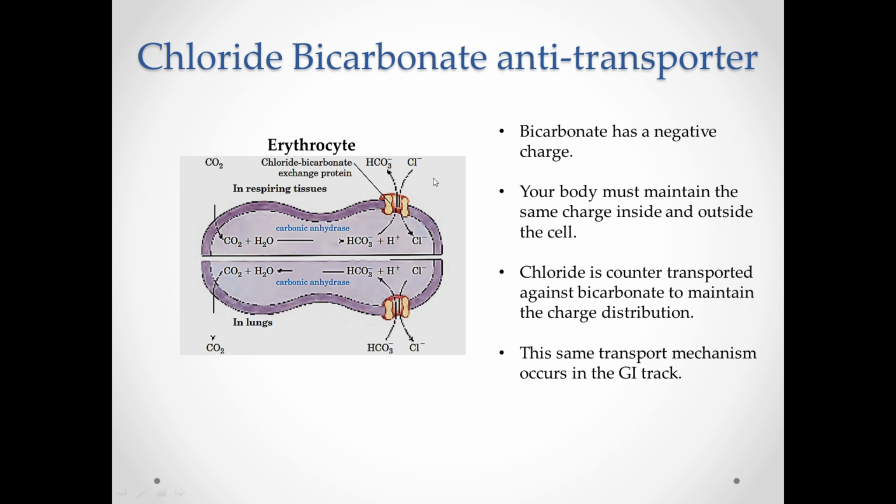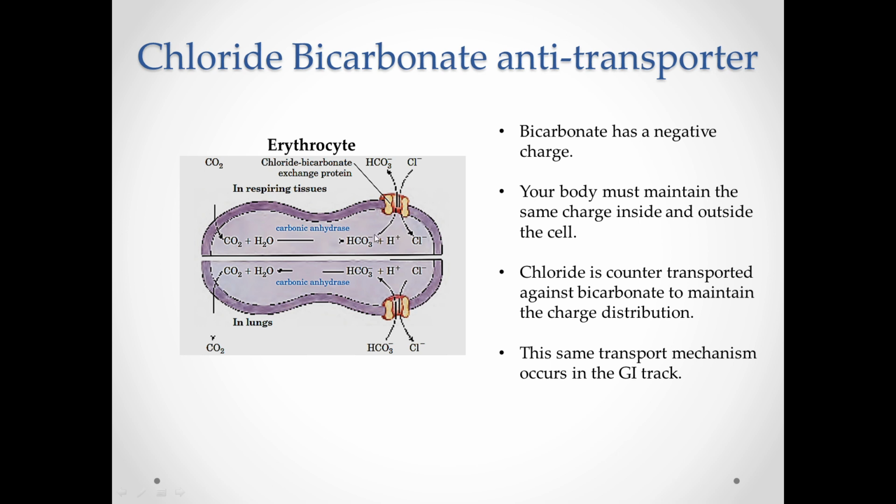Now, some important components of bicarb regulation include the negative charge of bicarb. When bicarb is transported in and out of cells, in order to maintain, for example, the body's buffering equation within a cellular environment as well as its extracellular environment, the charge distribution of bicarb crossing this membrane has to remain constant.